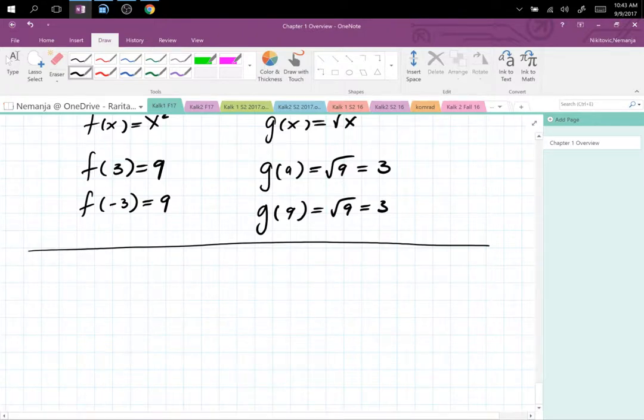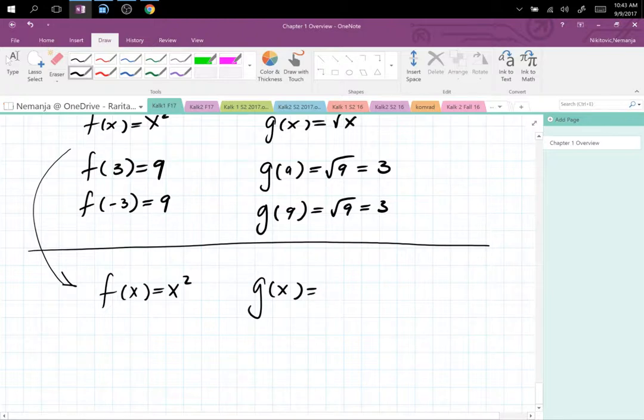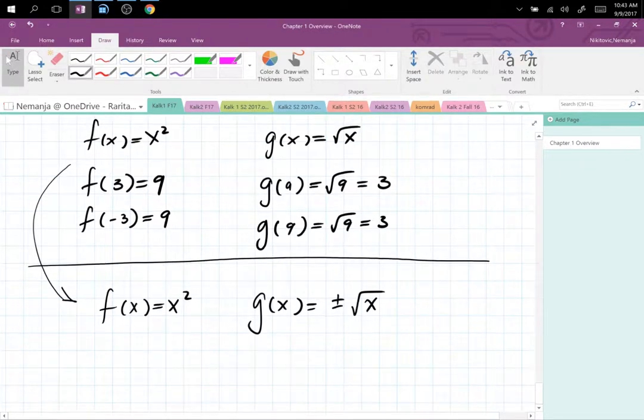To fix the issue that I have in the previous example, I'm going to say that f of x is x squared and g of x is equal to plus or minus the square root of x. Now observe that my notation is clearly different and I have that plus minus in front of the x.